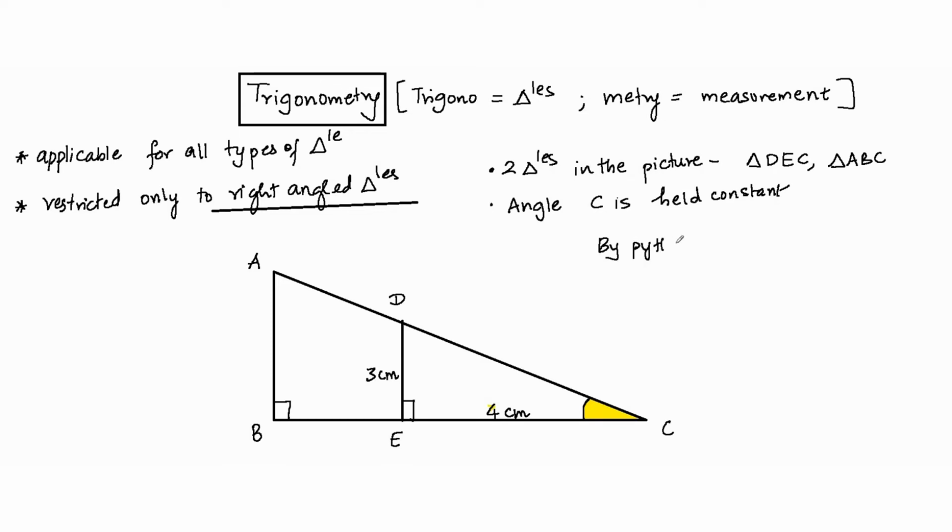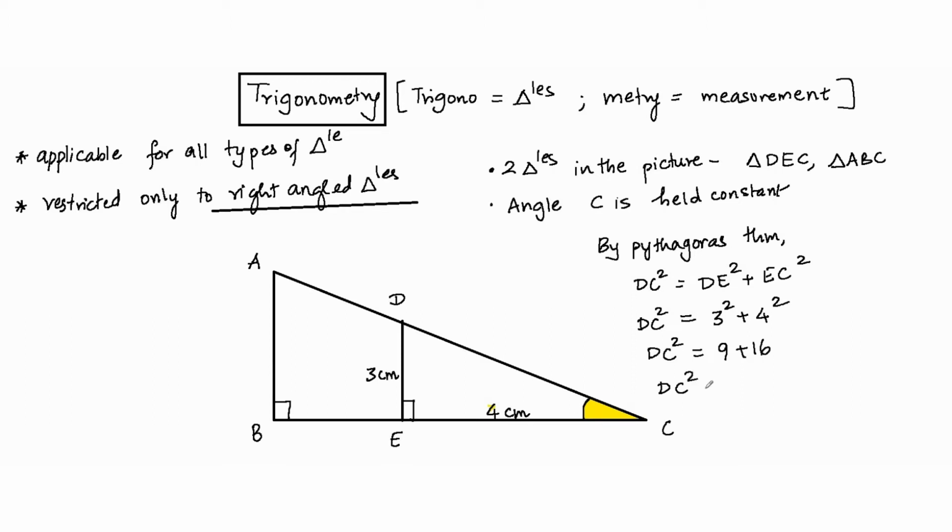By Pythagoras Theorem, DC is the hypotenuse, so DC square is equal to DE square plus EC square, and therefore DC square is 3 square plus 4 square. That means DC square is equal to 9 plus 16, which is 25, or I can say that DC is 5 centimeters. That means this length DC is 5 centimeters.